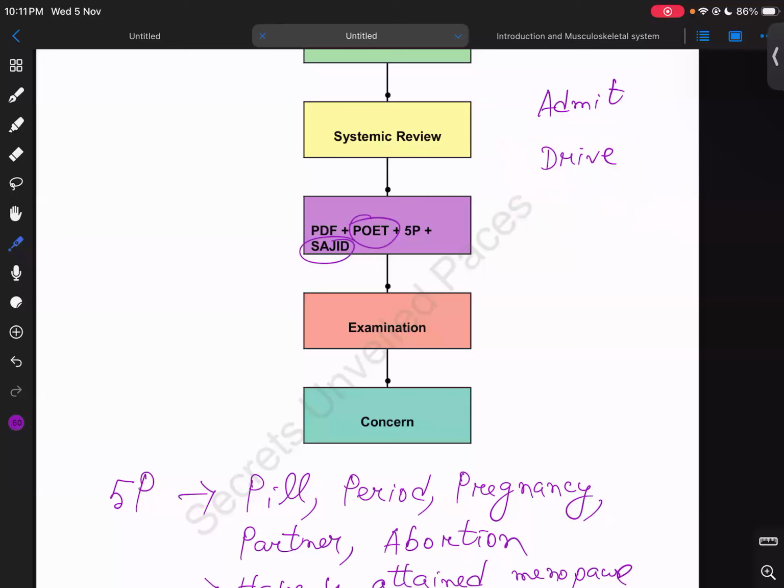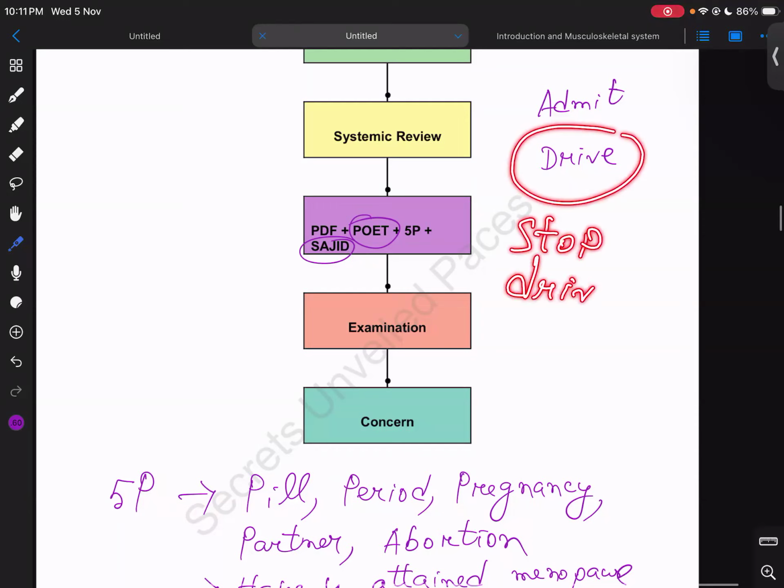So for the PACES exam, for the long clinical consultation, whenever you are confused and you don't know whether you have to stop driving or not, you just tell them to stop driving till further assessment. So this will keep you on the safe side.